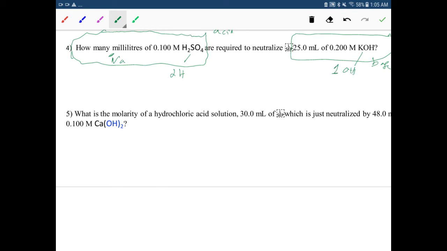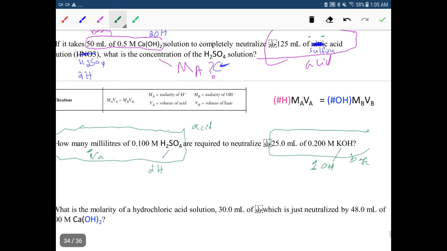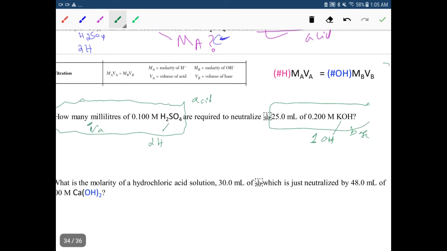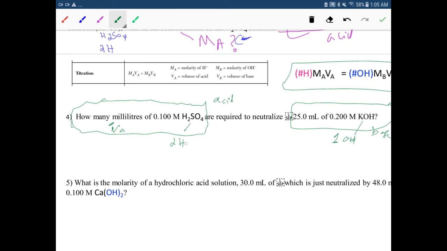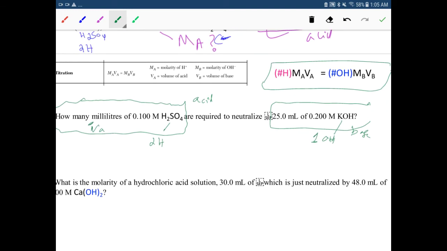So for this type of question you must use this formula right here, because the number of H's and number of OH's are different. Here you have 2 H's in the formula, here you have only 1 OH. So we can't use the other formula; if you use that one, it's wrong and it's not going to give you the correct value.